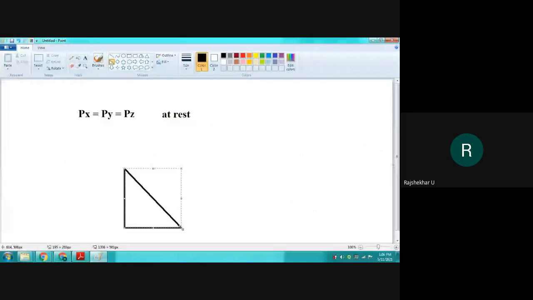You are seeing it like this, no? There is something which is perpendicular to this. You need to imagine this. So what I'm talking about is this face.